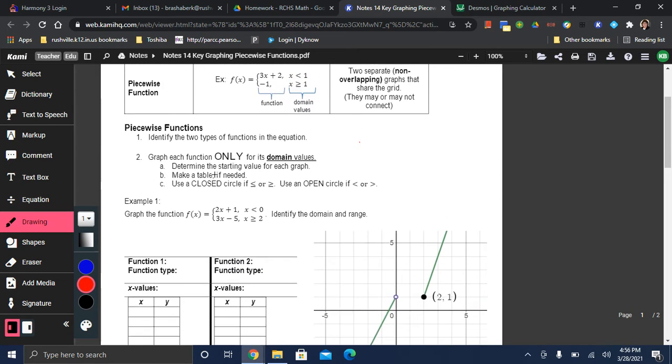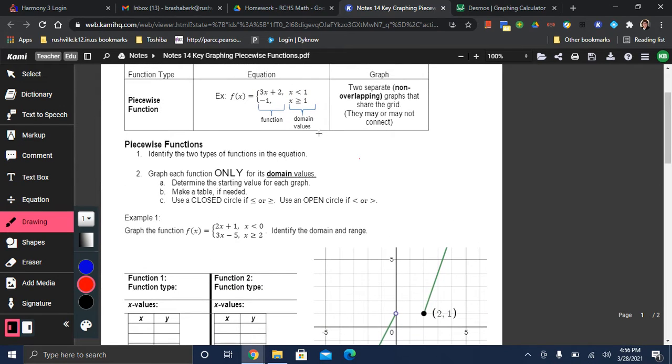And so we're going to identify the two types of functions, and for our graphs, we've come up with the two types that we're going to look at. You'll either have linear functions, and for the linear functions, you can either have a positive slope or a negative slope or a horizontal line.